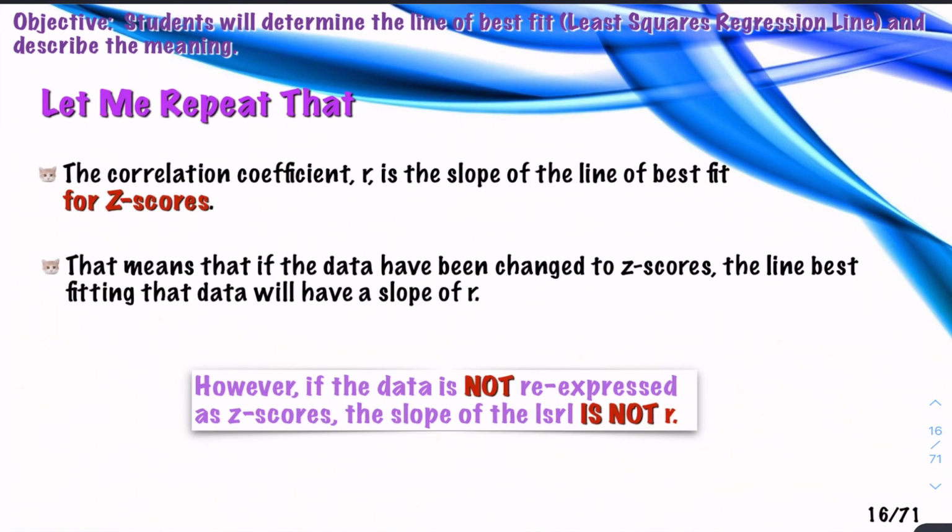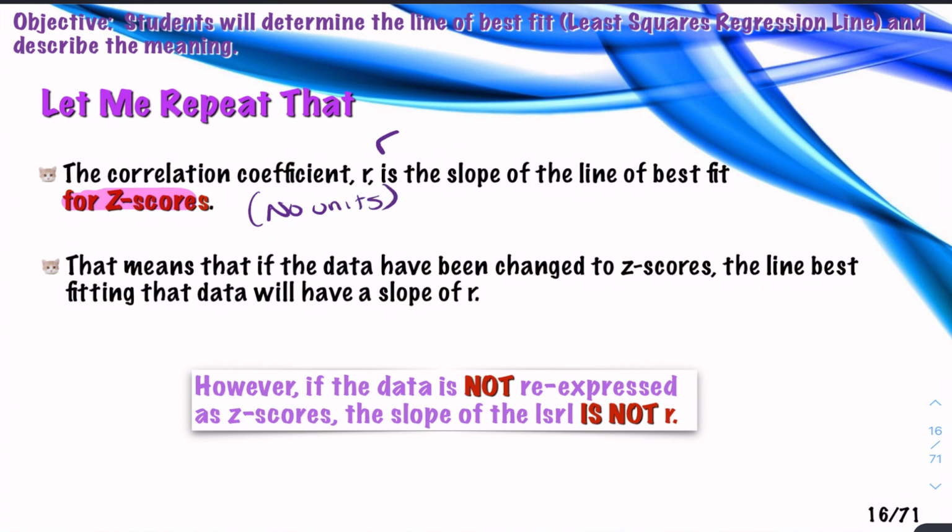So the correlation coefficient, R, Pearson's R, is the slope of the line of best fit for z-scores. Let me say that again. The correlation coefficient, R, is the slope of the line of best fit if we are using z-scores, meaning no units.